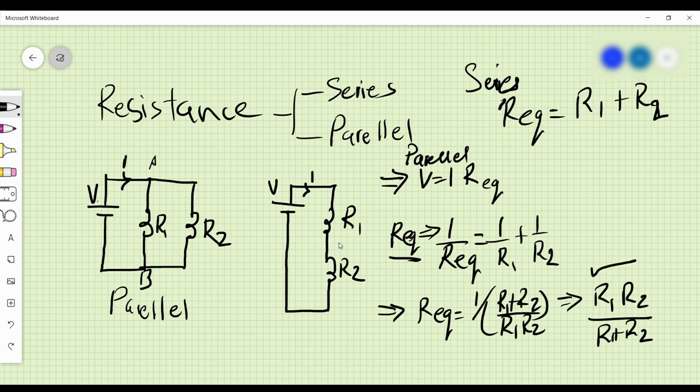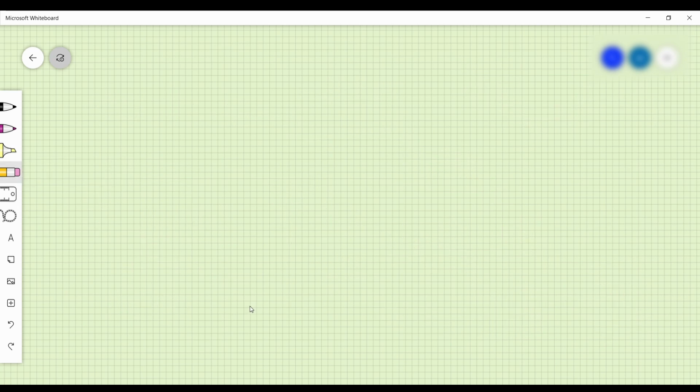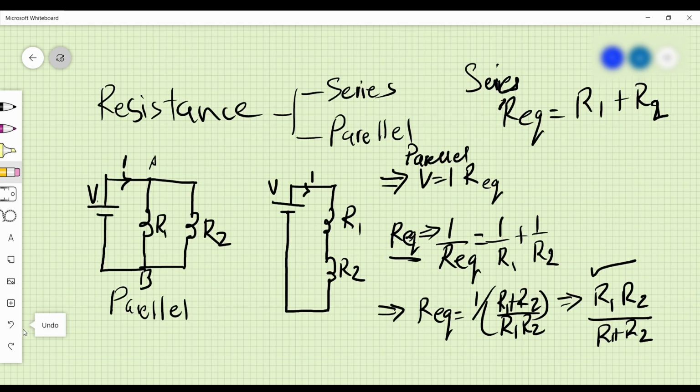So let's say, for example, I'll just modify the same thing. If I put another resistance, R3, then what would this have been? It would be R1 plus R2 plus R3.